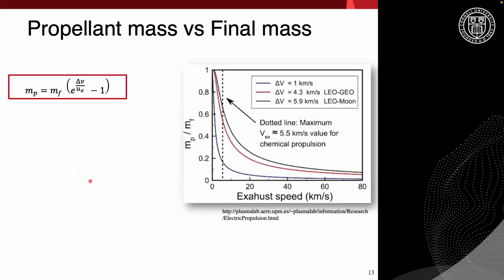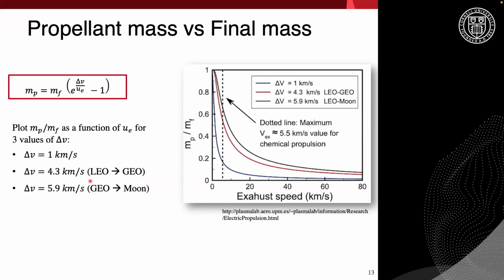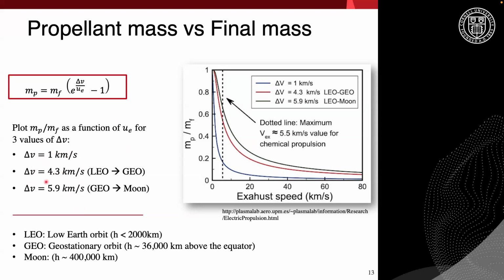And we can observe this impact on this graph here. This plots mp over mf, which is the ratio of the propellant mass over the final mass, as a function of the exhaust speed in kilometers per second. And we do it for three different values. The first value is 1 kilometer per second. The second value is 4.3 kilometers per second. And the third value is 5.9 kilometers per second.